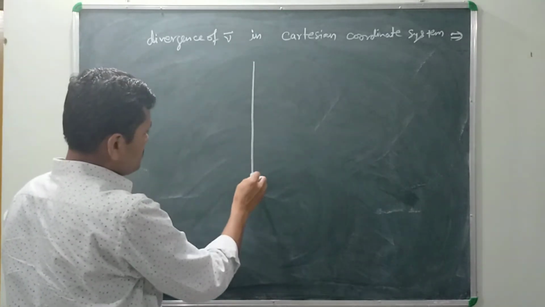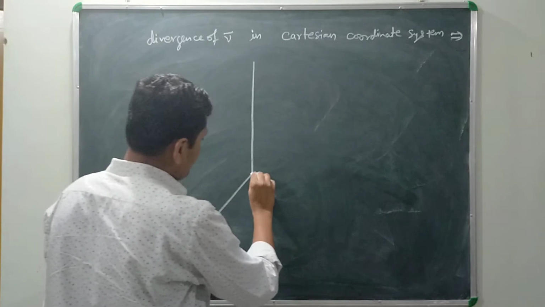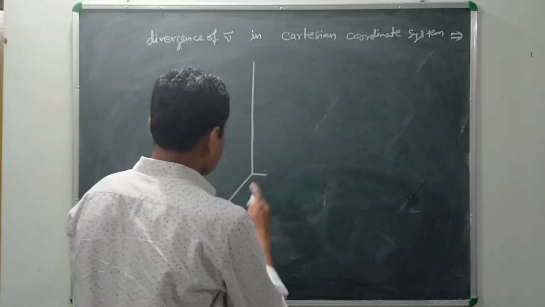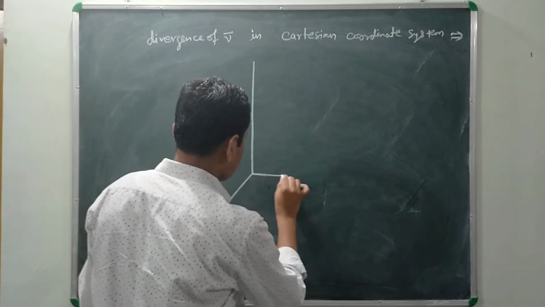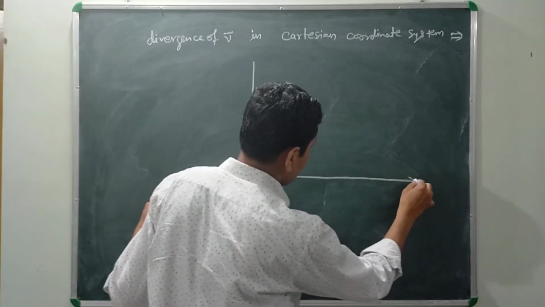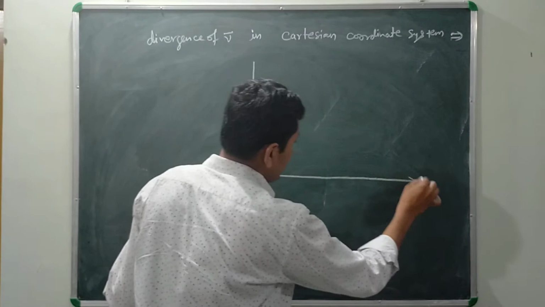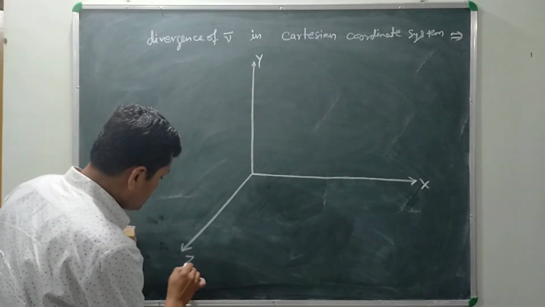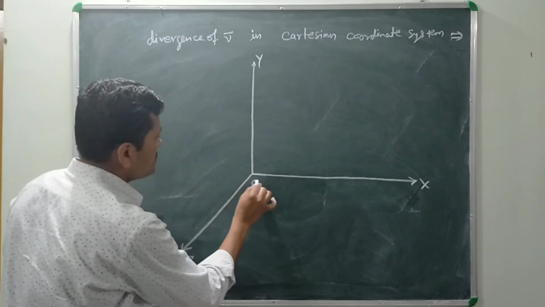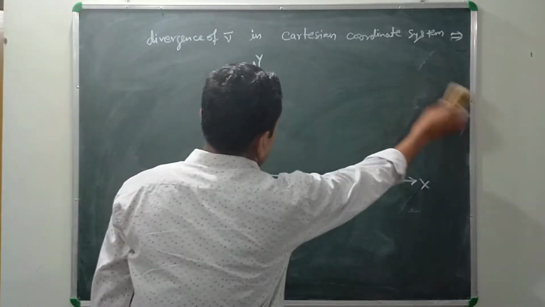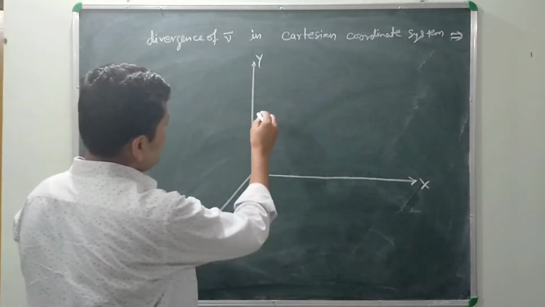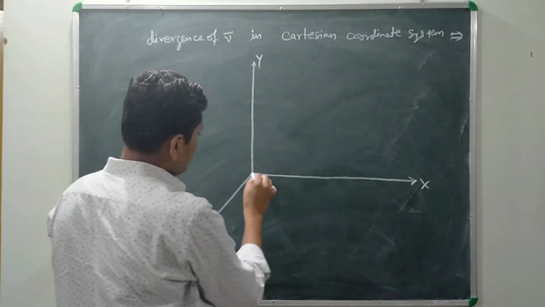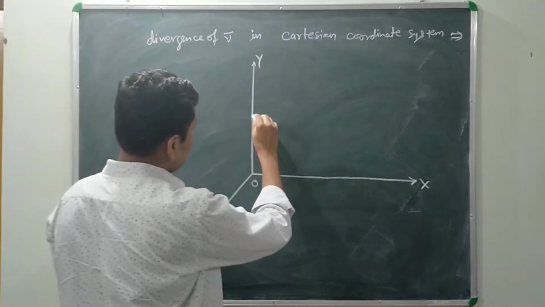Let us consider this figure. Say this is your x-axis, this is your y-axis, and this is z-axis. This is origin. Now consider a cuboid whose one corner is at this origin.